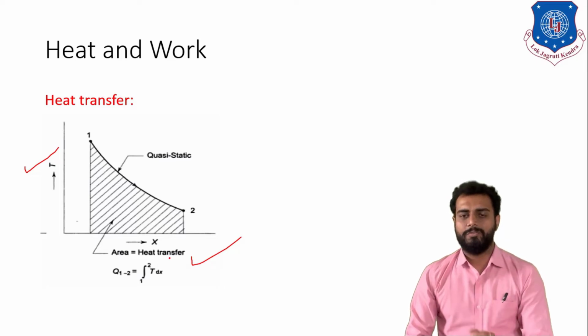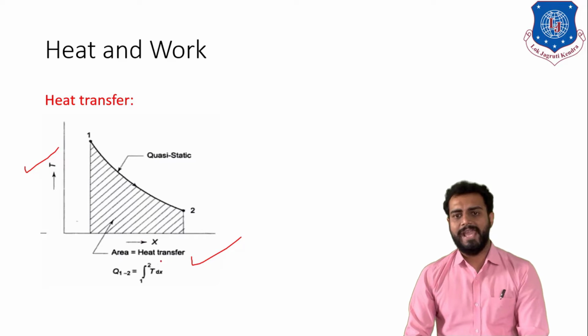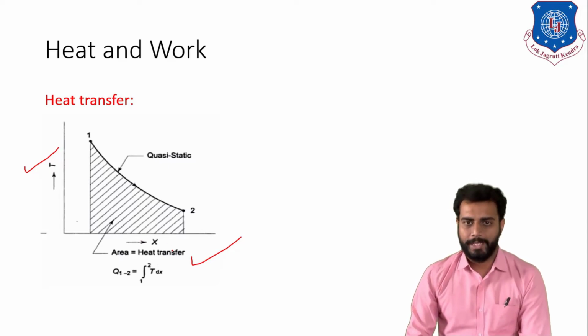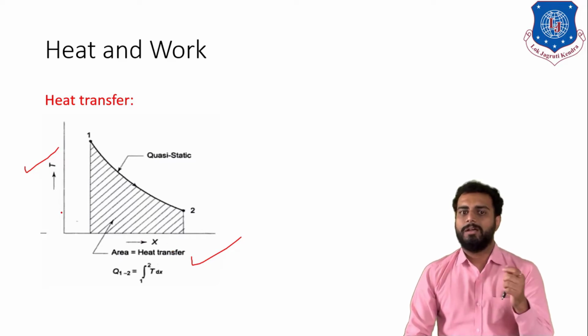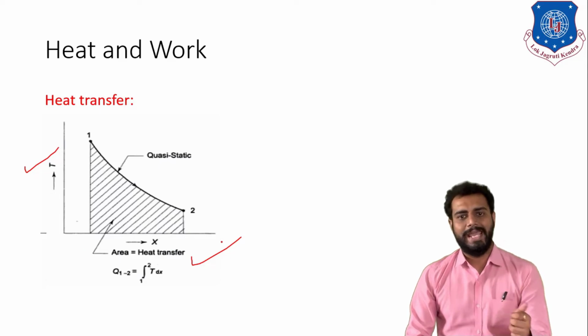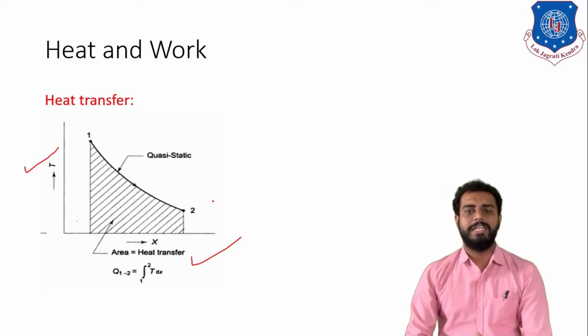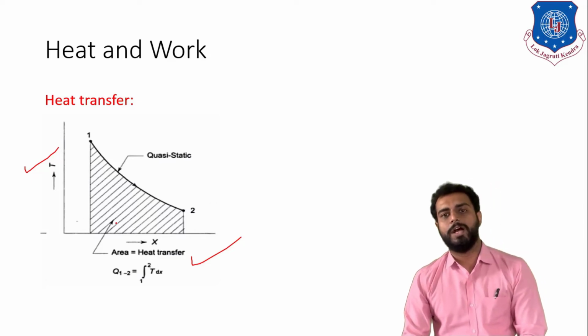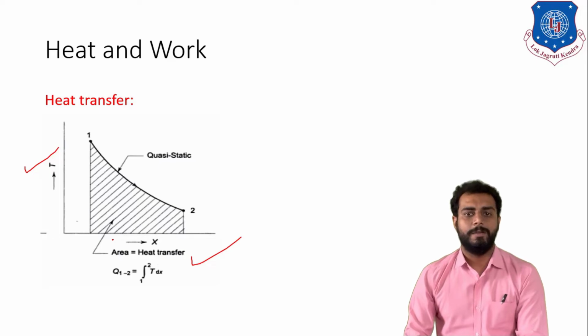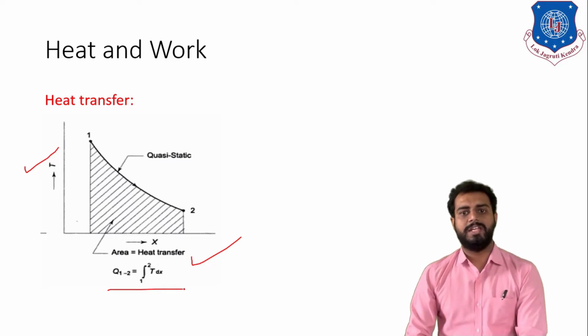Let me tell you, we will study later on in further courses that this x quantity is nothing but entropy. So if we plot the y-axis with temperature and the x-axis with entropy, and if we plot any curve on this TS diagram, then the area below that curve will give us the heat transfer during that process. So that is why it is defined as Q is equal to integration of TdS.